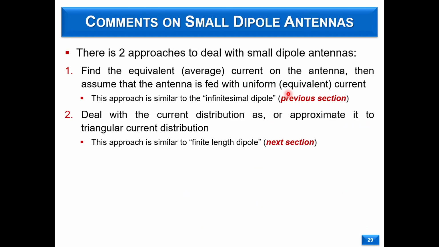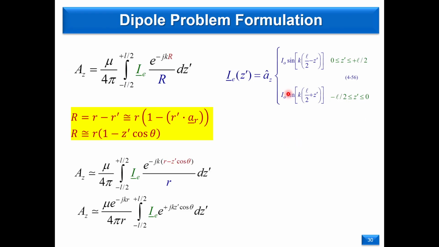So the two approaches exist, but we're going to take the first one. Here, in the expression, we also have A_z, the current distribution, but now we have two different approximations, as we discussed in the previous lecture. For the amplitude term, we can approximate R equal to r.